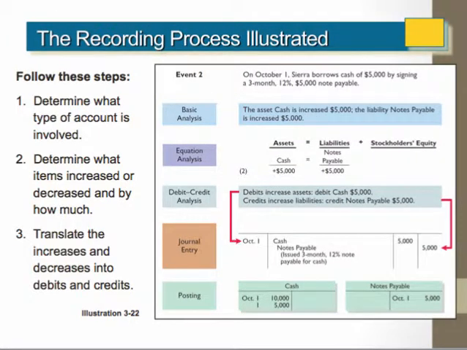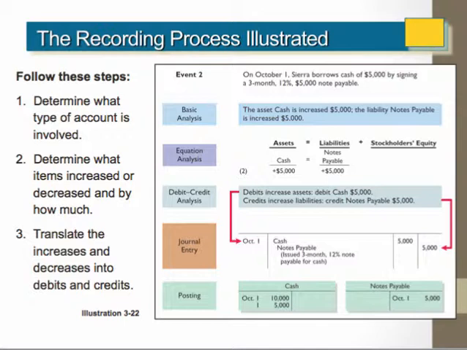This slide shows for event number 2 the same process. Notice here that where Sierra borrows $5,000 and signs a $5,000 note for the $5,000 cash, cash goes up with a debit of $5,000 and the notes payable increases by $5,000 with the credit.